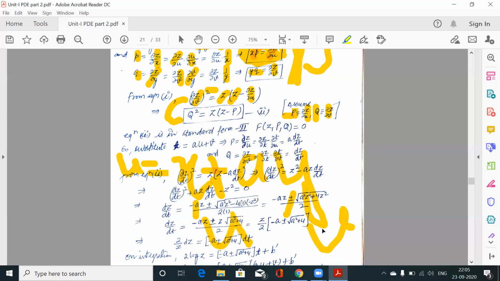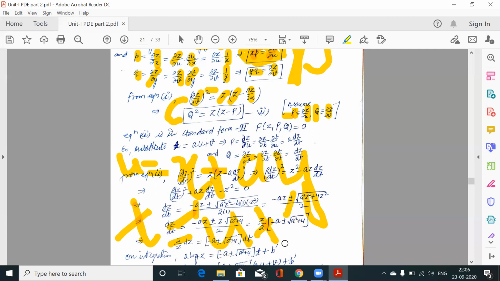So u plus av is equal to, this is another variable. In that we have z, x, y as variable. So we take substitution, u is equal to x plus ay. Now u, v are the variables. So this u is different. So taking this t, t is equal to u plus av or au plus v.